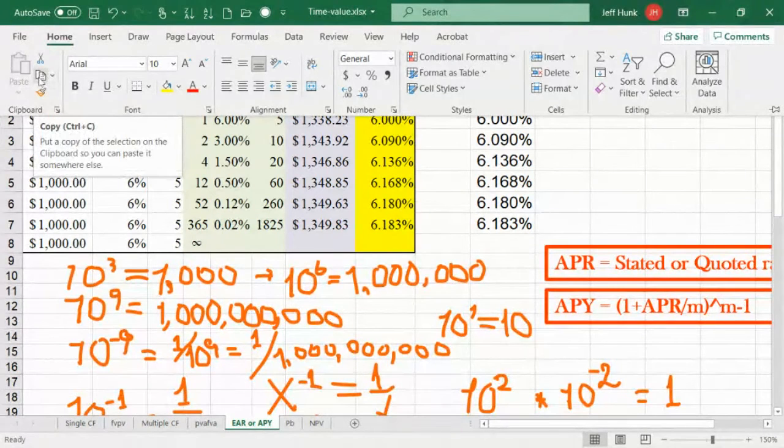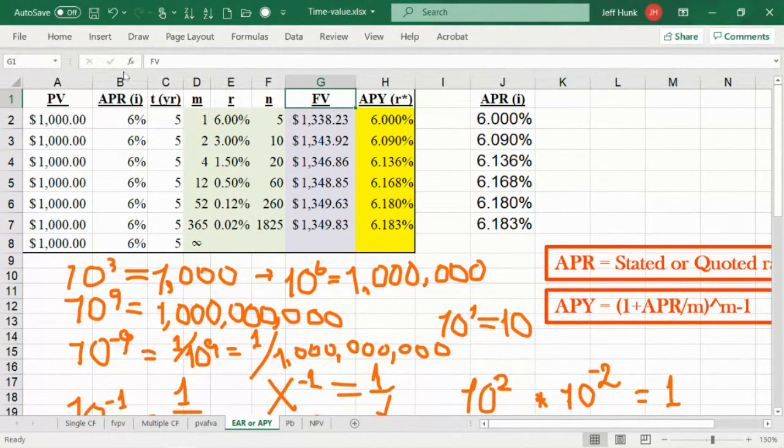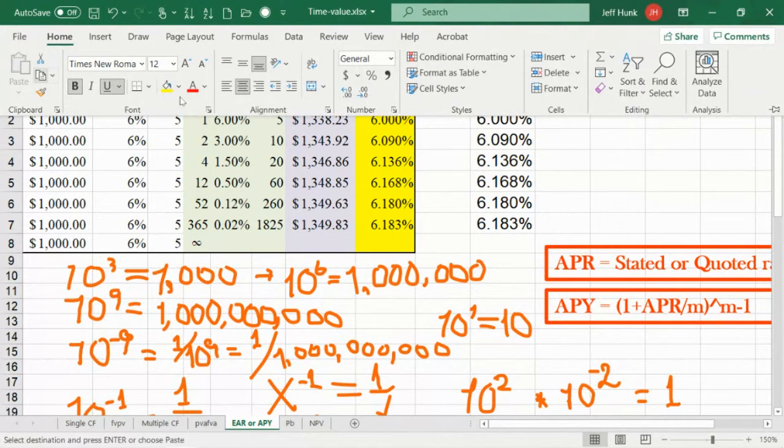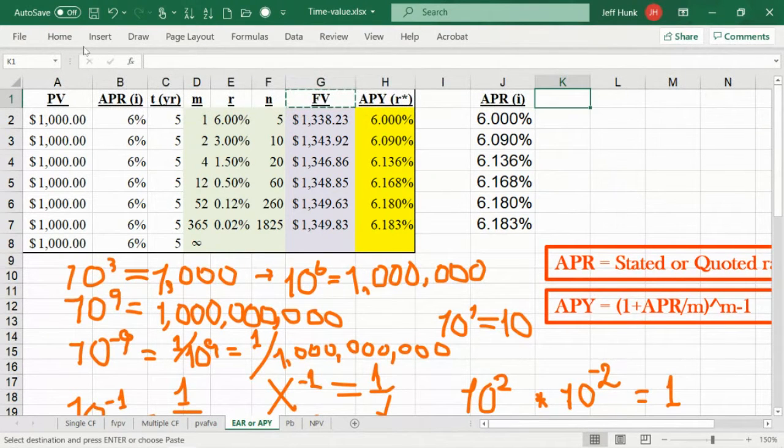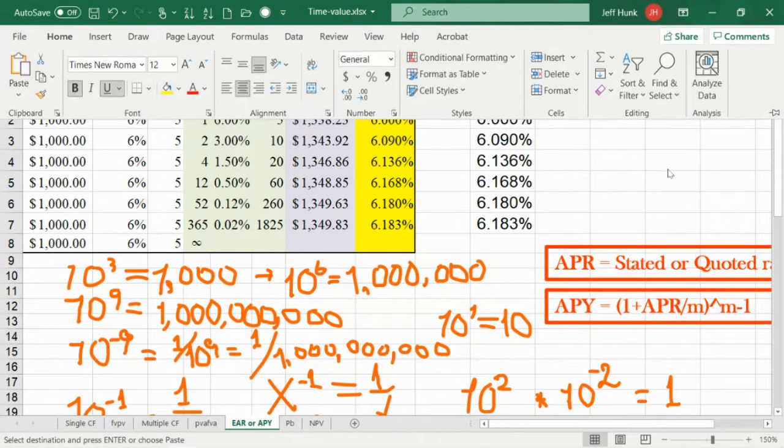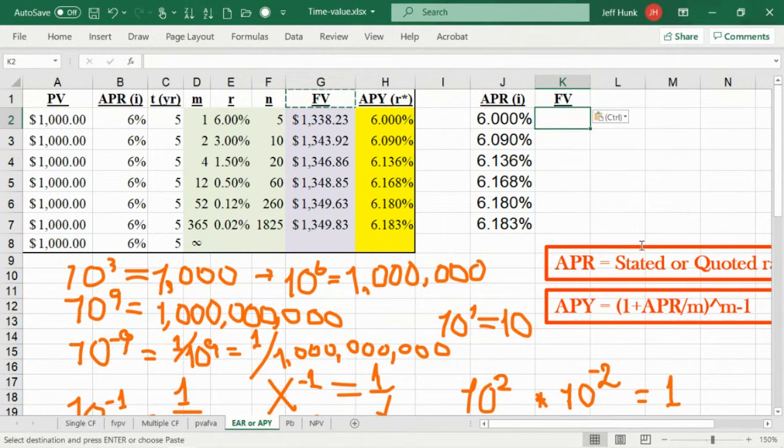And then by compounding just once a year, we should get the same result. So simply by multiplying, we do this.